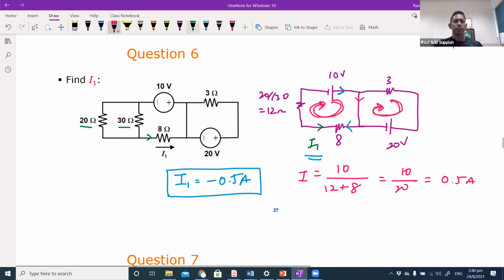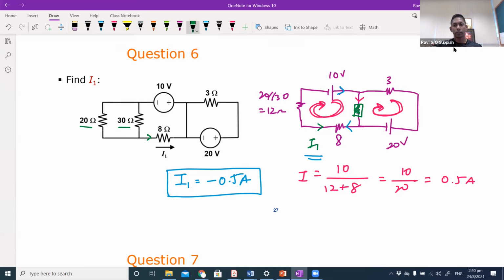If there is some component here, let's say I draw some component here, then it's not so straightforward, because then I need to do either node voltage analysis and so on to find out the exact current that flows. Because there will now be a voltage drop experienced in this additional component.